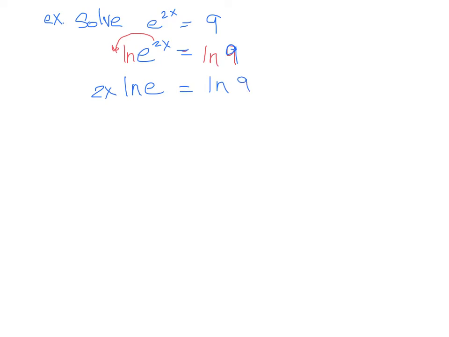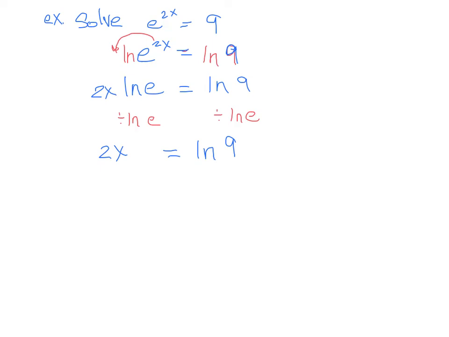All right. We're trying to figure out what x is, so we can isolate this by dividing both sides by ln e. And we get that 2x is equal to ln 9 over ln e. Well, do you remember what ln e is? ln e is actually just 1, so it's actually just divided by 1.